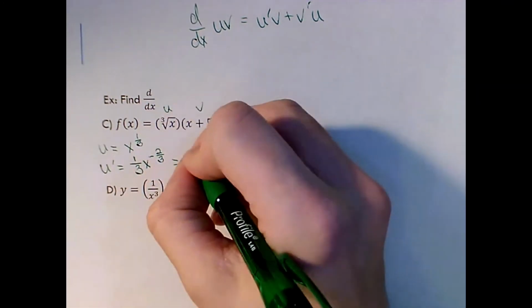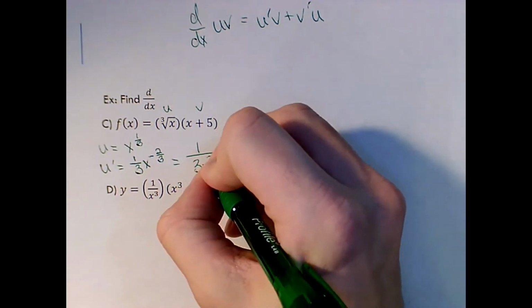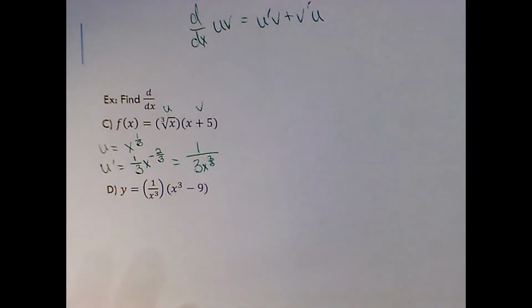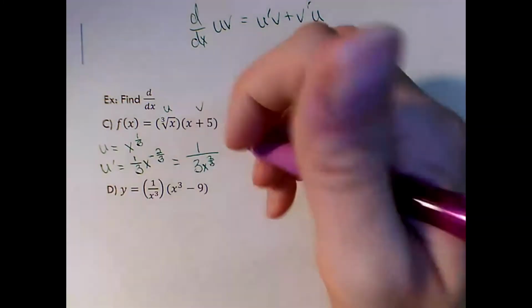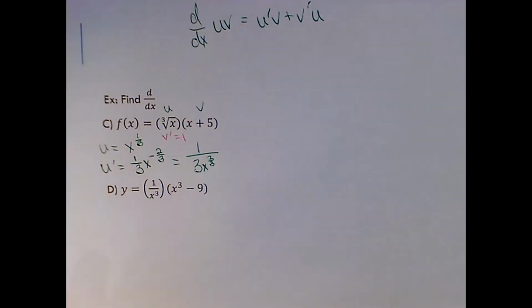So I can write that out as 1/3 x to the 2/3 on the bottom. That's what u prime is. V prime is 1. So easy, and then the other one not so much.